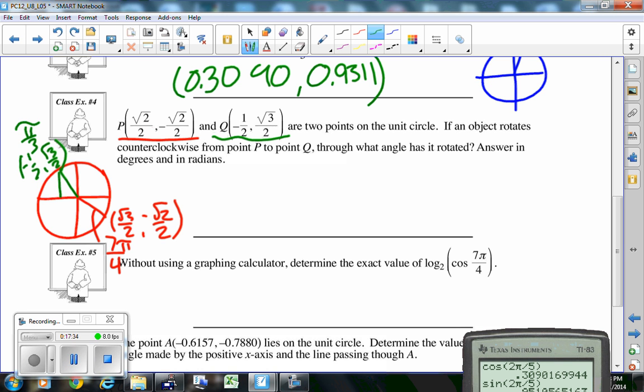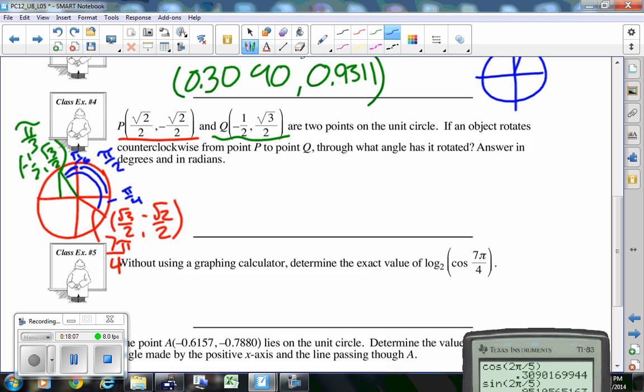So what I need to do is go counterclockwise from P to Q. Here's my point P, and here's my point Q. There's counterclockwise. So the first thing I'm going to do is go this pi quarters. This whole piece here is pi halves. And then I'm going to go another pi sixths beyond that. That's that piece there.